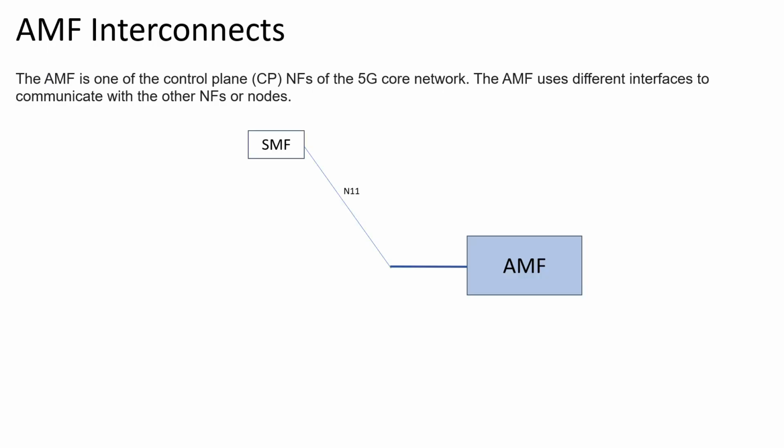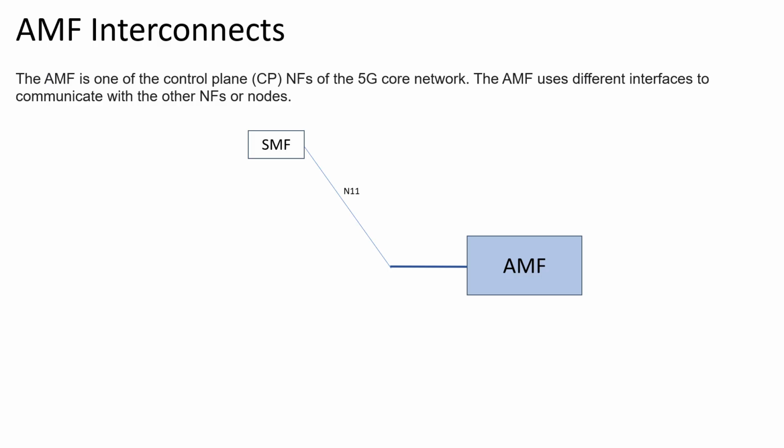So the first interconnect with the AMF is SMF. SMF is the session management function. So for example, the subscriber gets registered. Now the subscriber wants to establish a session so that it gets connected with the internet, right?